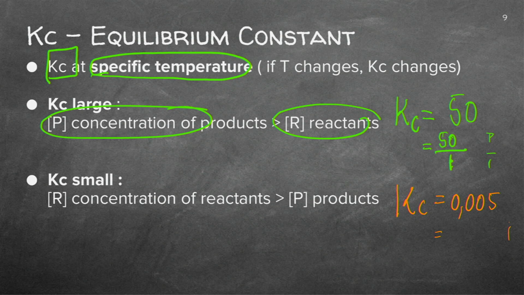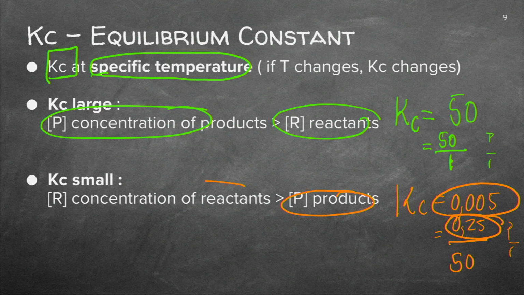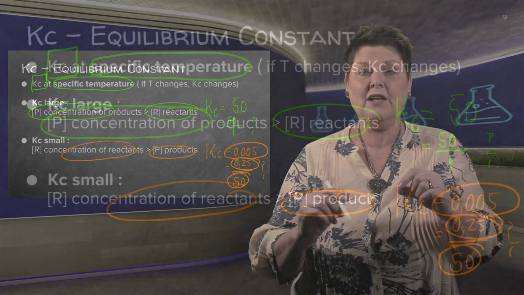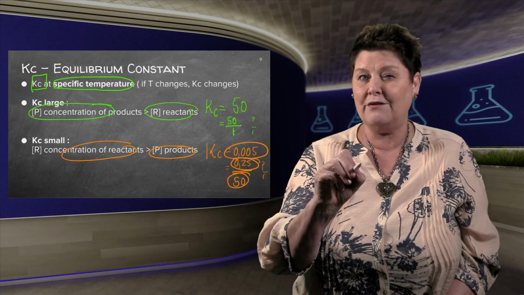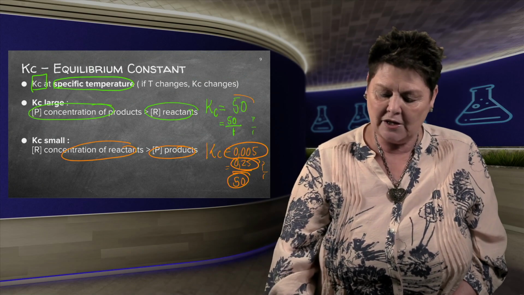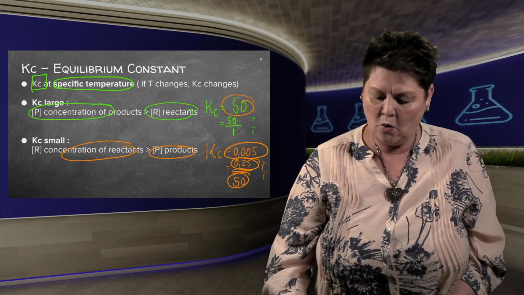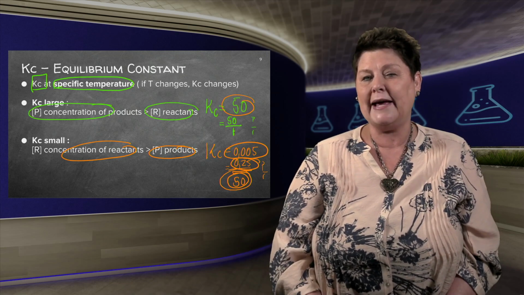Again, I've got the products over the reactants. If I've got 0.005, I've got 50 of this and 0.25 of that. That would give me a value of that. Can you see now I've got less products and more reactants. So if you find a reaction and at the bottom you see the Kc value, you know, is it going to form more products or less products and more reactants?